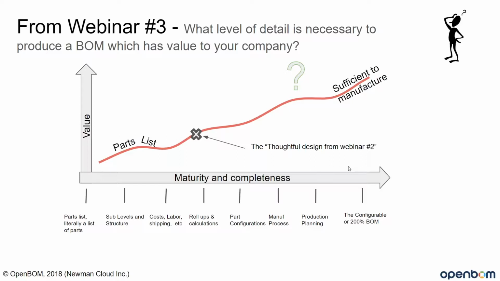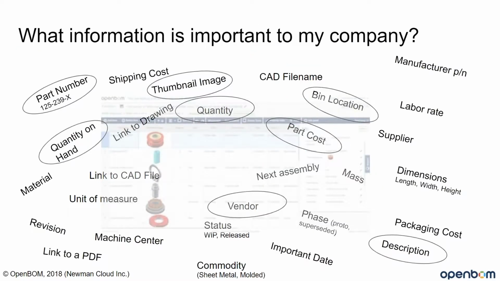We're going to talk about where on the spectrum you want to be so that you maximize the value that your company receives from your bill of material. There are a lot of things that go into that maturity level, everything from the simple parts list on the left to a highly configured, what we might call 200% BOM on the right. Most of us are going to live somewhere on that curve, and the secret is teasing out where I need to be on that curve to get the most value for my company.